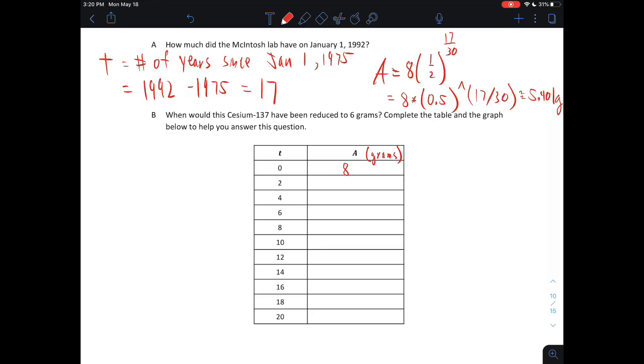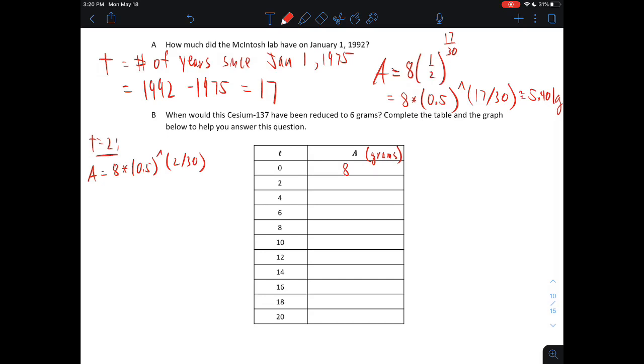So now t equal to 2. This is again just getting us used to using the formula. So for t equal to 2, you're going to have A is equal to 8 times 0.5 raised to the power of 2 divided by 30. So 8 times parentheses 0.5 raised to the power of 2 divided by 30.